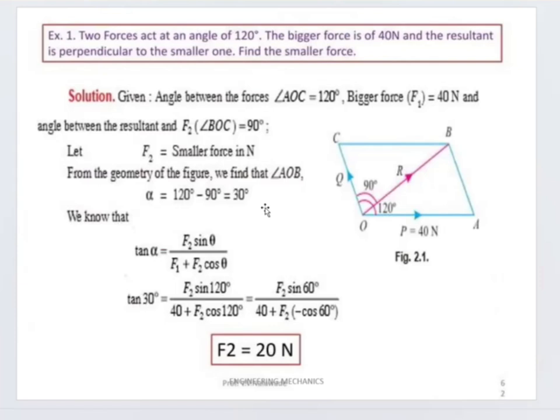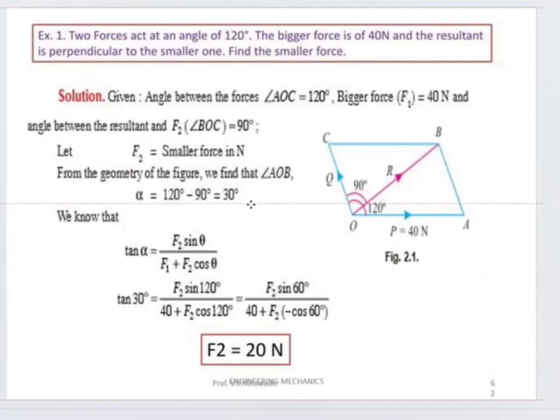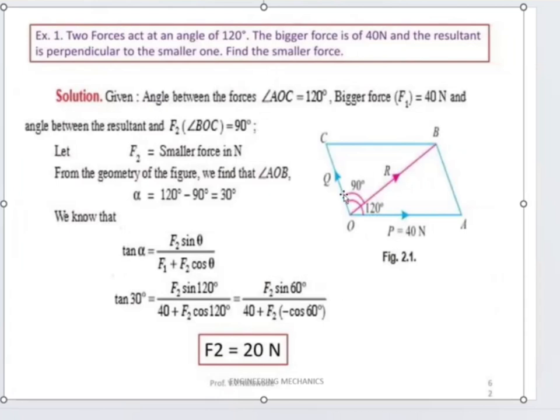So referring to the figure, the angle AOC between the forces is 120 degree, and the bigger force you can call F1, that is 40 Newton, and the angle between the resultant and F2, that is angle BOC, is equal to 90 degree.